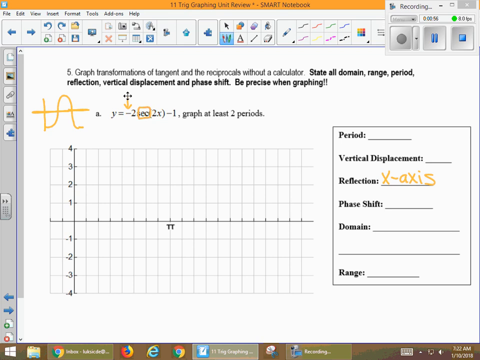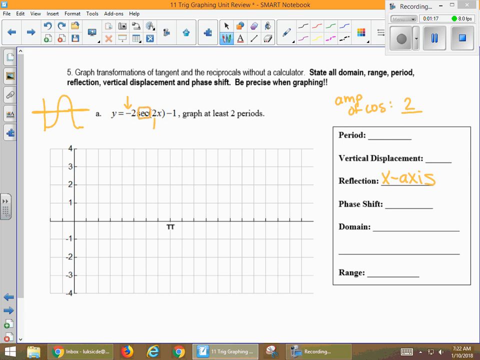We have a 2 out front as well, so that's going to be the amplitude of the cosine function. And it's going to be the distance between the curves for secant.